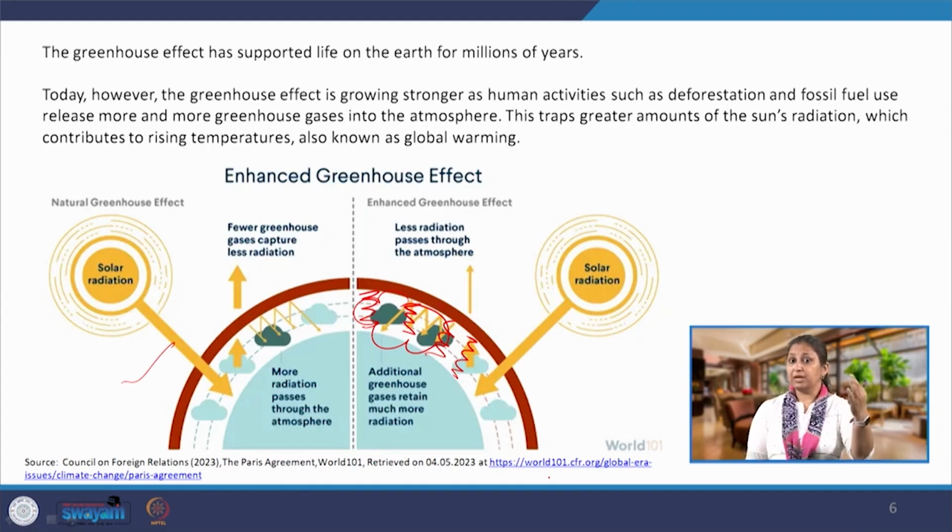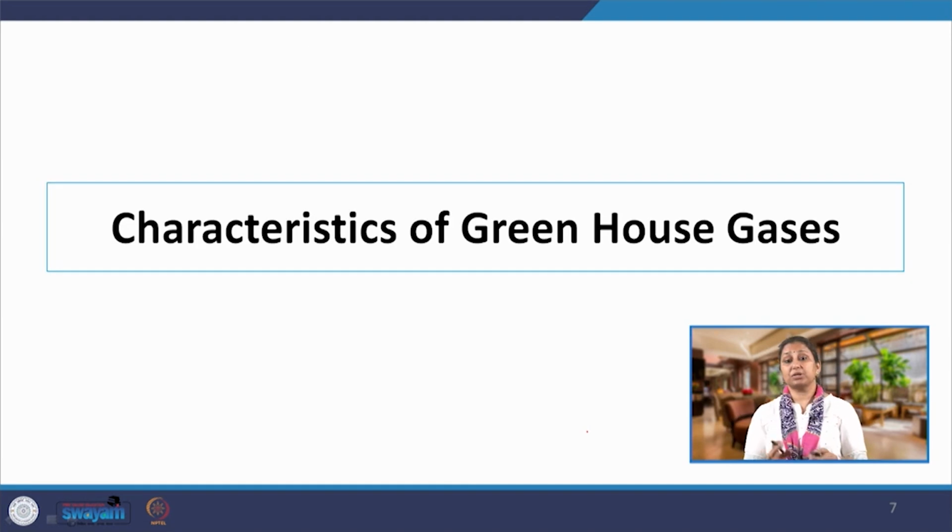Almost 50% of it was supposed to leave the planet Earth, but it is now getting trapped in the atmosphere itself, and hence a lot of these impacts that we have seen because of climate change, the root cause being the trapping of the greenhouse gases. So, this is what is happening when we are talking about the enhanced greenhouse effect.